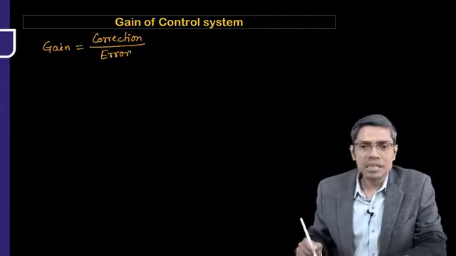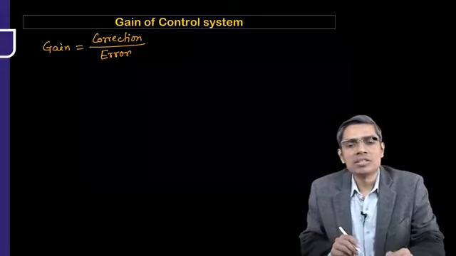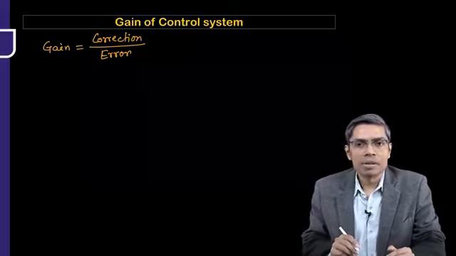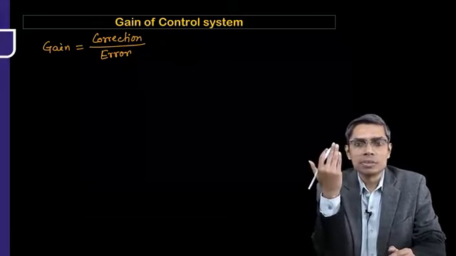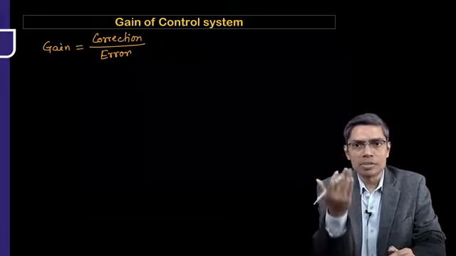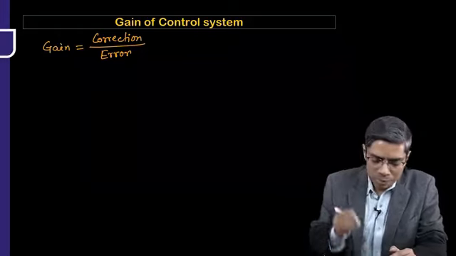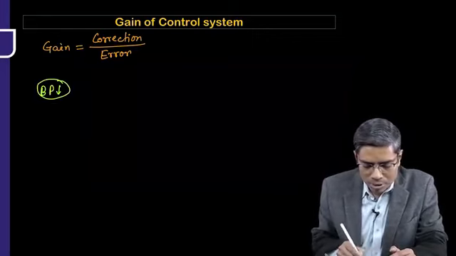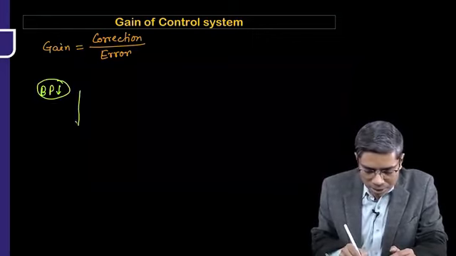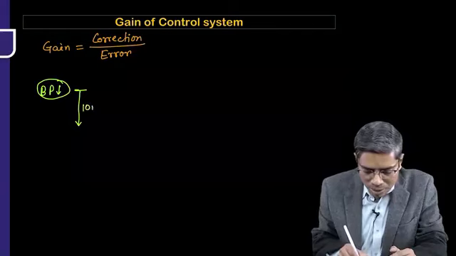Suppose one question has been given like this, that when a person is changing his posture from supine to standing posture, what will happen to the blood pressure of the subject? You all know that whenever the person changes posture from supine to standing, the blood pressure will drop down. Now suppose the question says that during this change in posture, there is a drop of 10 millimeter of mercury in blood pressure.